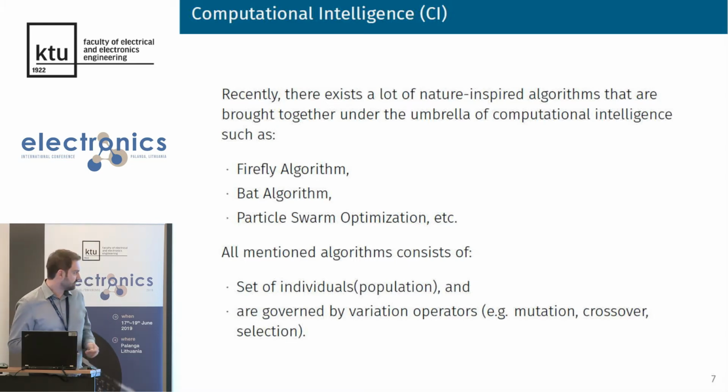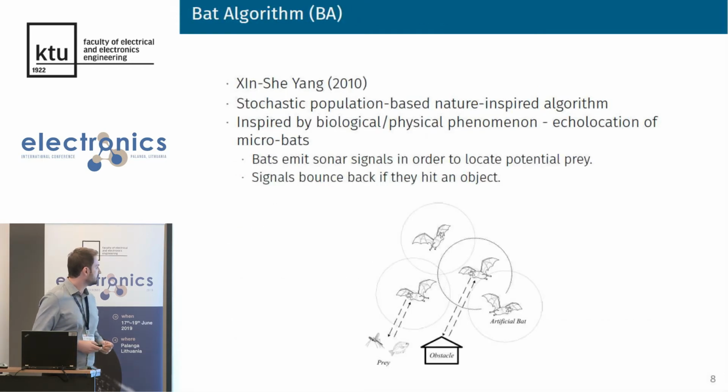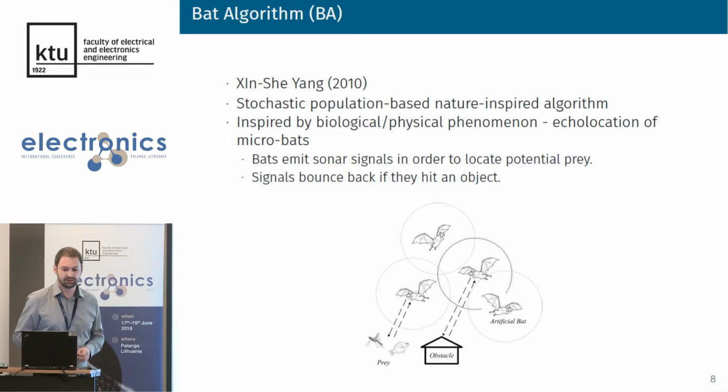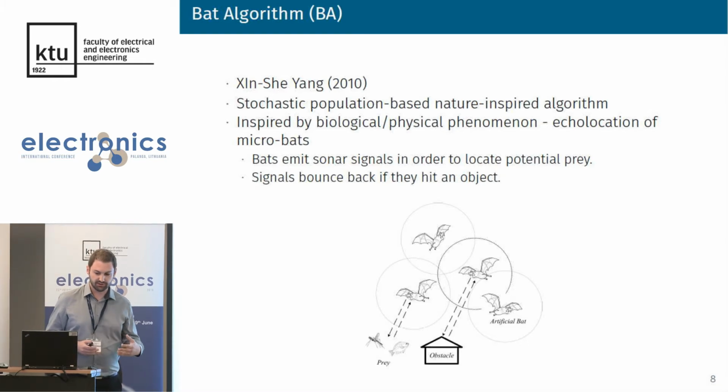The Bat algorithm is the one which we used in our study. It was first introduced by Xin-She Yang in 2010. It's one of the stochastic population-based nature-inspired algorithms, inspired by biological or physical phenomena, the echolocation of microbats.